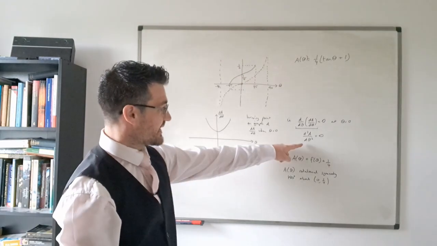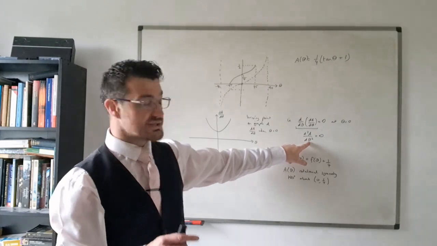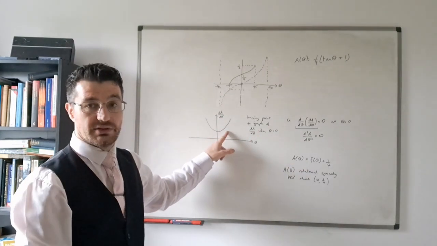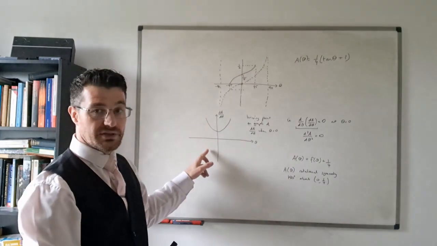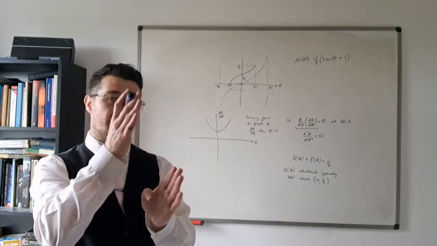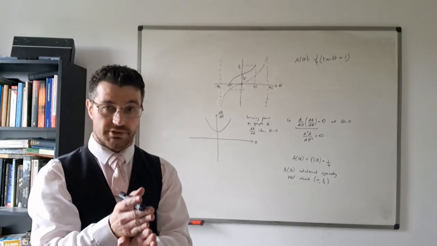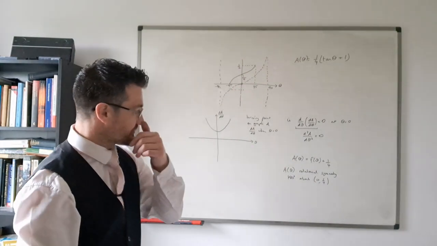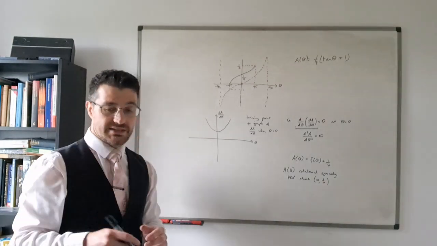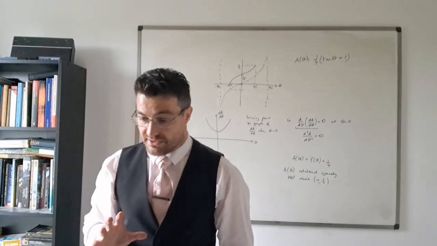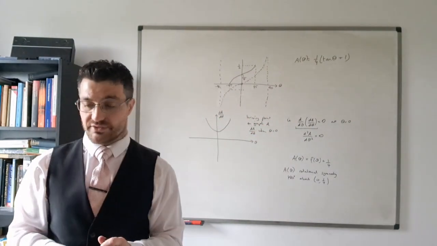So if I've got a turning point on the graph of the gradient function, the gradient of the gradient function is equal to 0 at that point. Again, you'd have to find a suitable way to explain all of this.